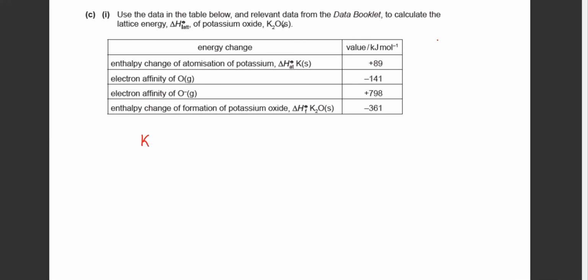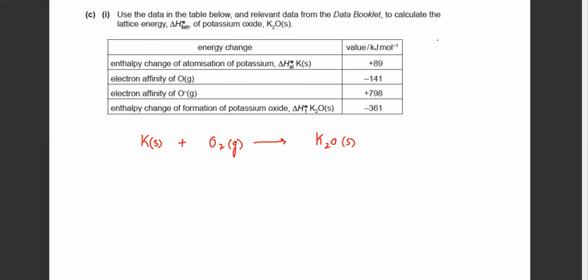So it's going to be potassium, that's the element, oxygen, which is diatomic, and together they are forming the ionic substance, which is K2O, right? And that is a solid as well. This one is a gas, and this over here is a solid as well.